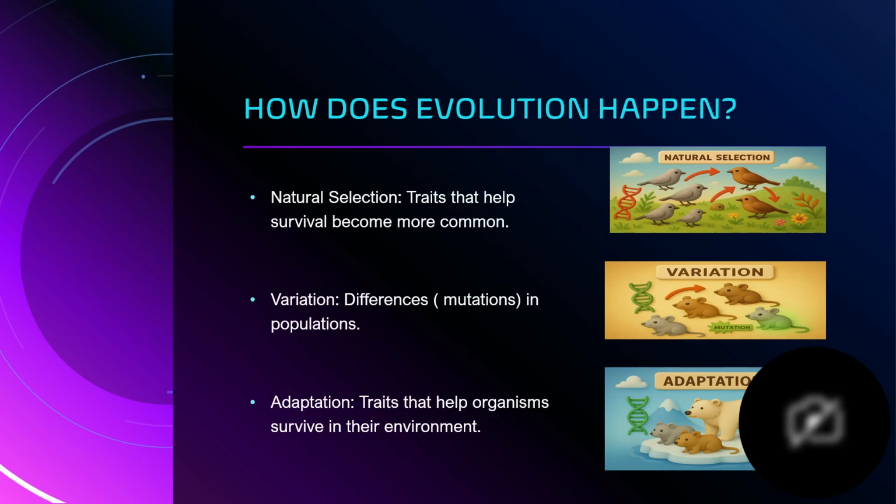Variations are differences. Mutation happens in a population. Some mutation happens in the color, some in the shape, some in the DNA, and this makes a different physical form. Adaptation: these are the traits that help organisms survive in their environment. So we adapt accordingly.